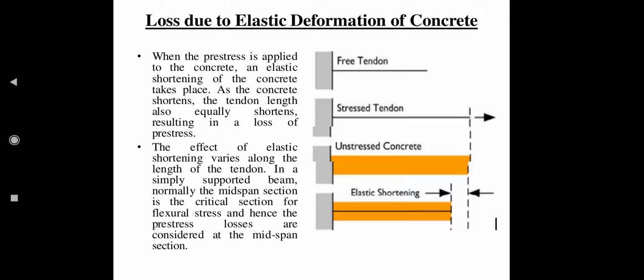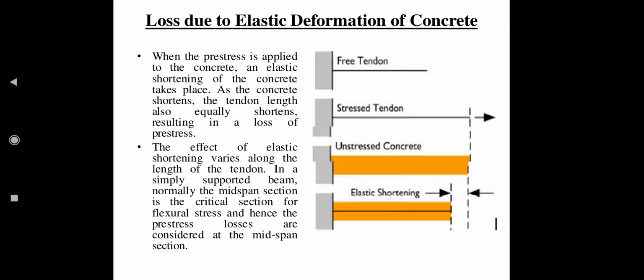prestress. So here in this figure you can see 4 different members. The first one shows a free tendon. In the first stage, we increase the length of the tendon, that is, the tendon is tensioned by applying an external force.